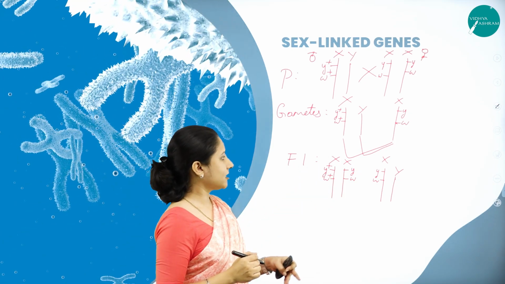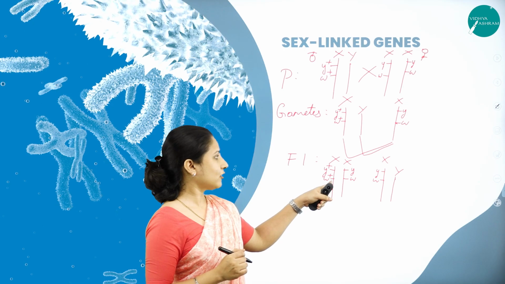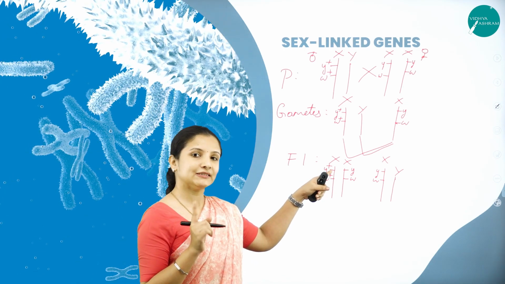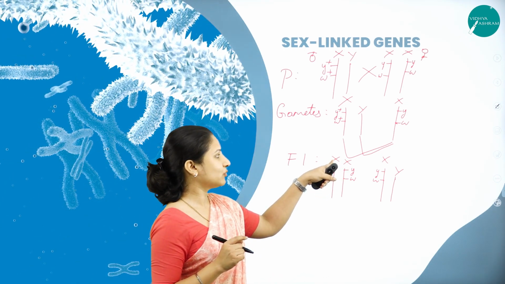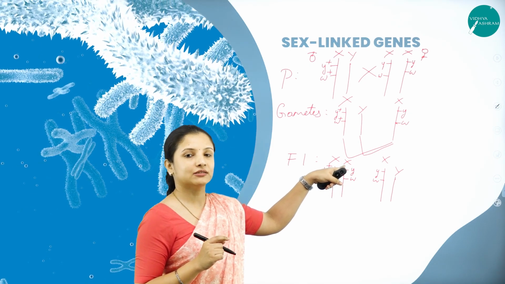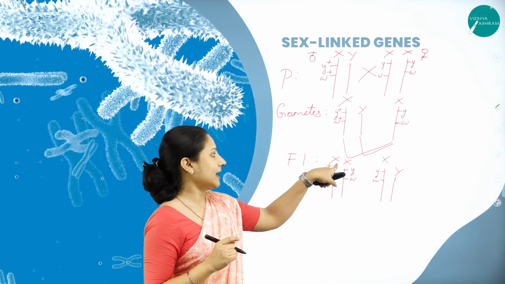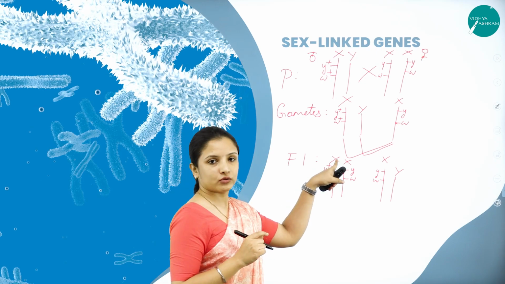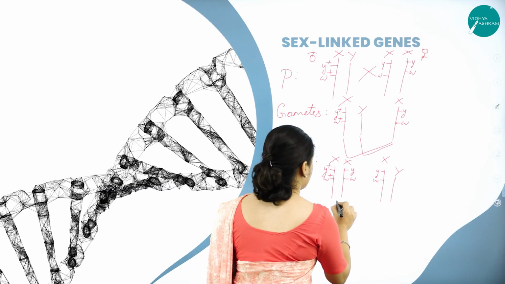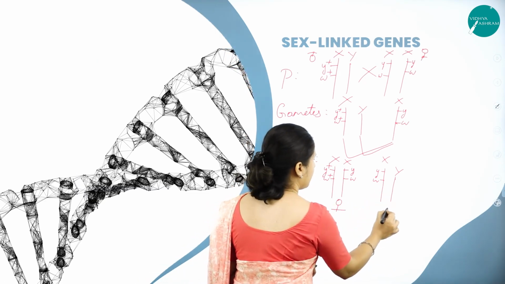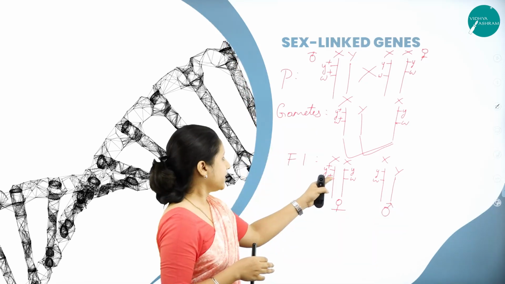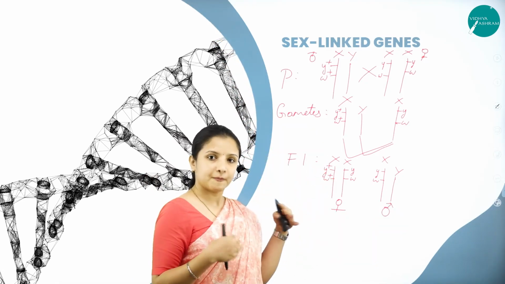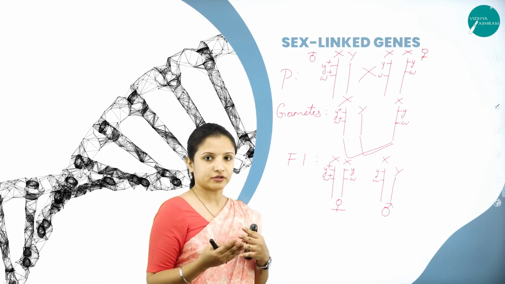So what will we get here? So is this a male or a female? It is a female. Why is it a female? It is carrying both the X chromosomes, that is the sex-linked chromosomes. They are X. So therefore, we know that it is a female. So this is a female and this is the male. So here, what will the character be in the progeny? That is in the Drosophila.